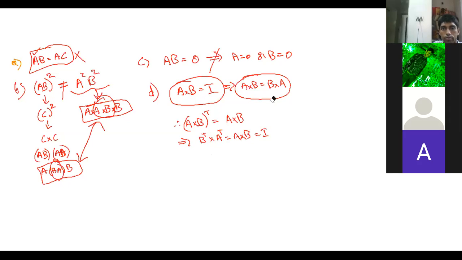It doesn't seem useful. If AB equal to I, can we say AB equal to BA?